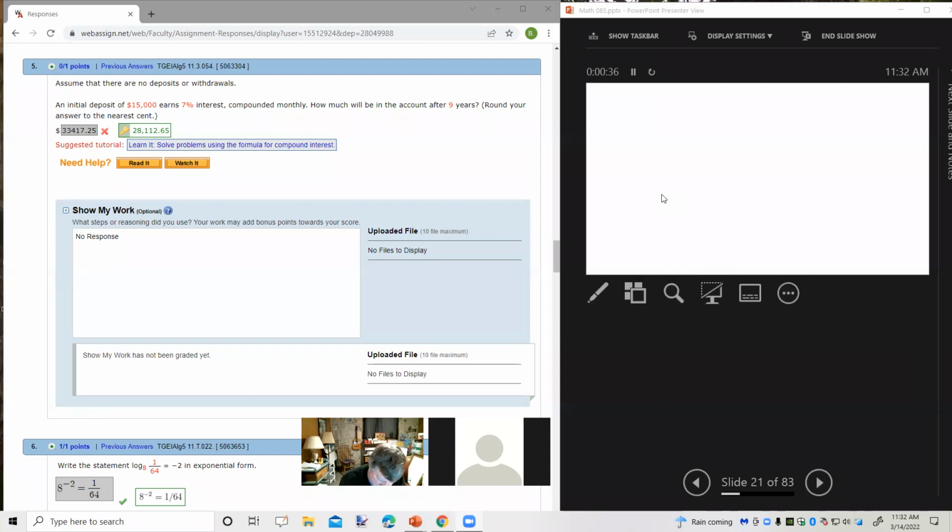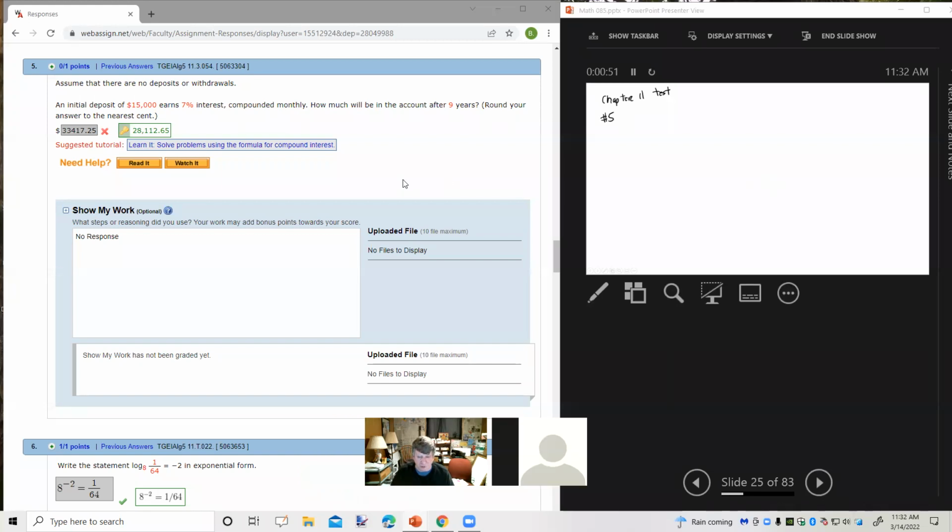So this is from the chapter 11 test, number 5. Okay, can everybody see the WebAssign screen if I got it set up the way I'm supposed to? Yep, okay, great.